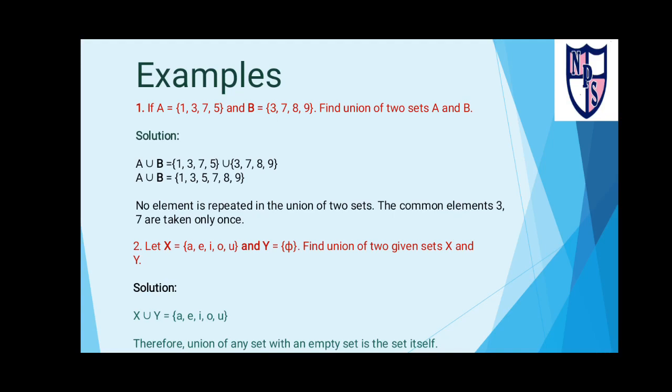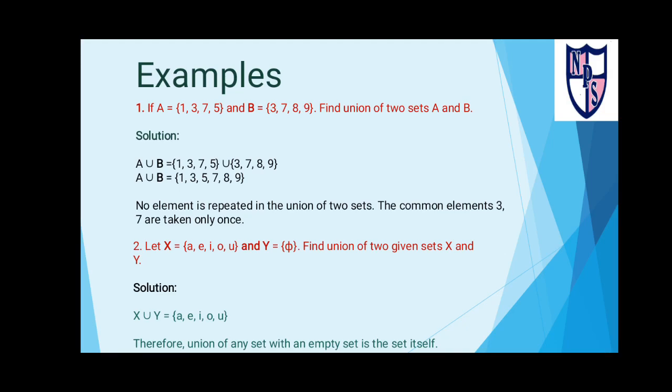The union of these two sets is 1, 3, 5, 7, 8 and 9. What did we do? We combined sets A and B and wrote the elements of both sets in a single set in a sequence. 3 and 7 are common elements, so 3 and 7 are taken only once.